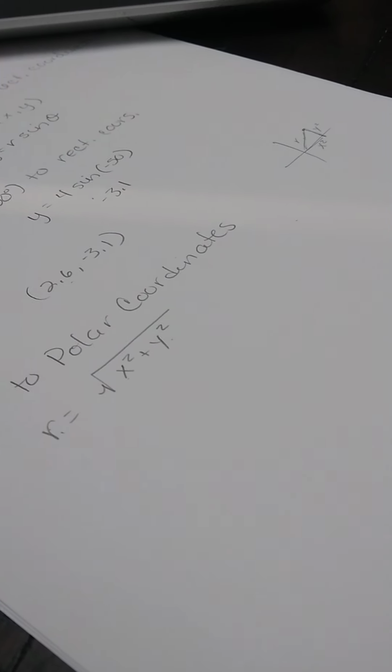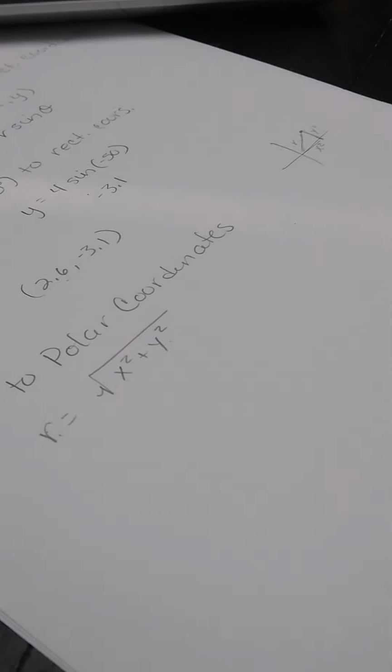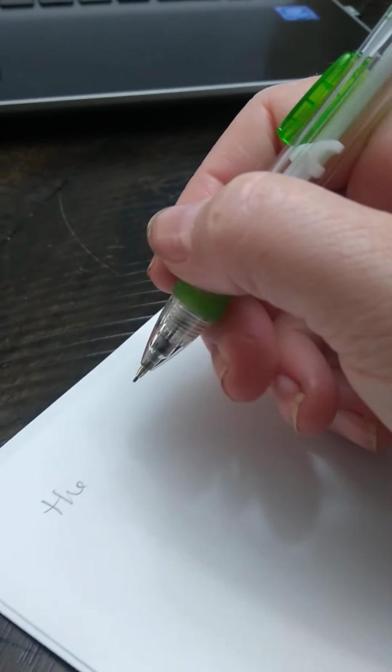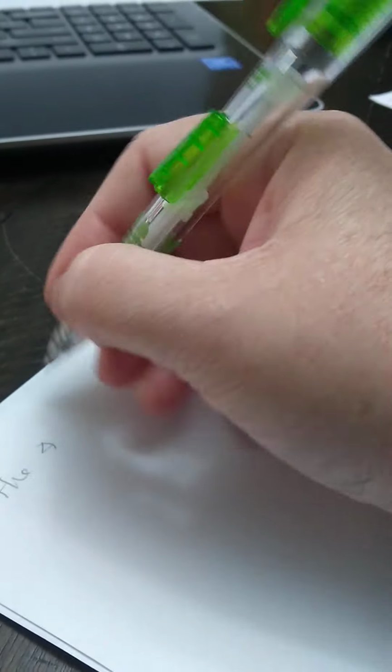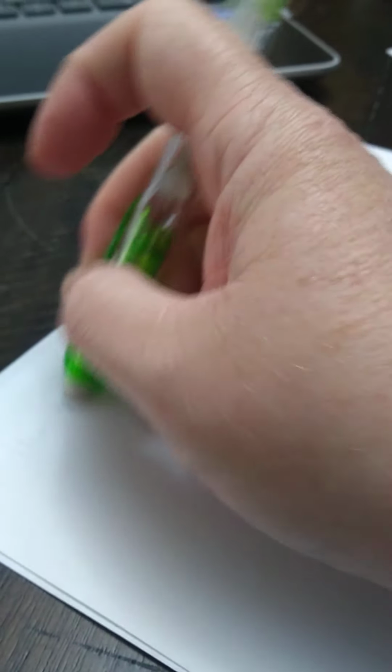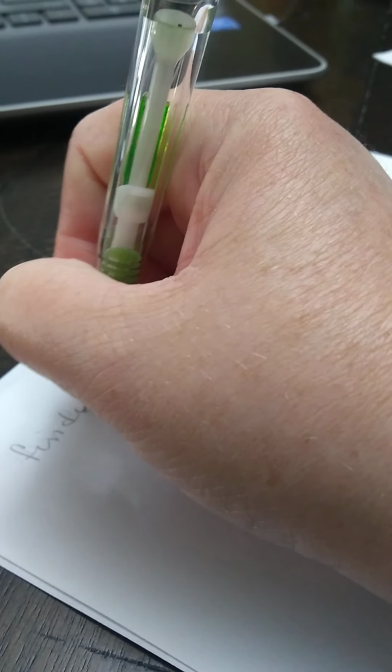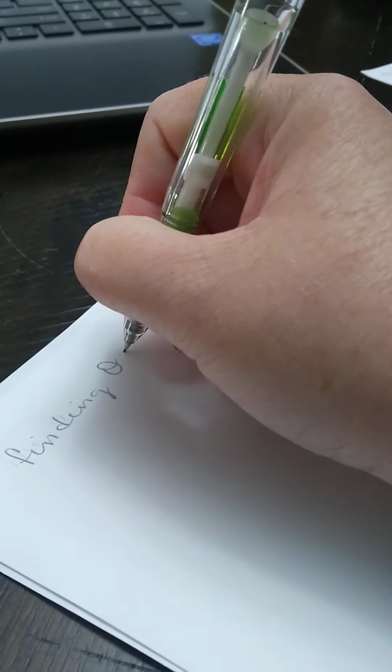And then your formula for theta is a little bit trickier. So the angle uses a formula from below. Finding theta is a little bit more tricky. So you have to look at your ordered pair, your xy, the one that you're changing over.